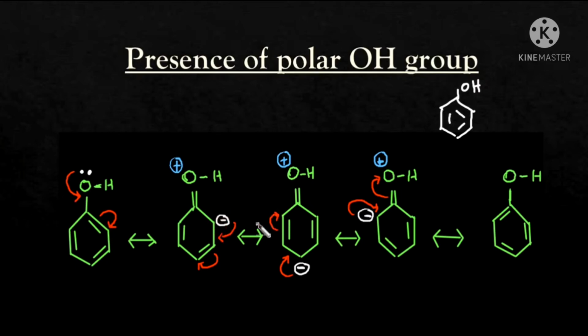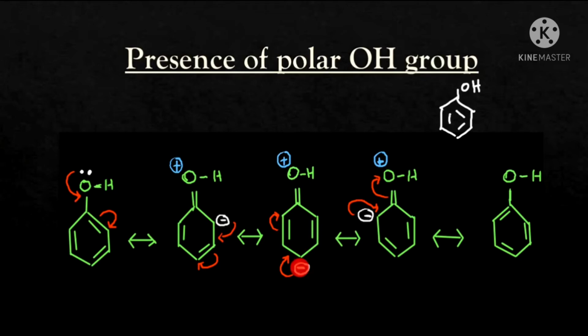Next, see the next structure. The electrons now shift towards the next bond, and to compensate, they shift to the next position, so the electrons concentrate on this position and we get a negative charge here. Check the bonds now: we have a double bond here and also a double bond here.